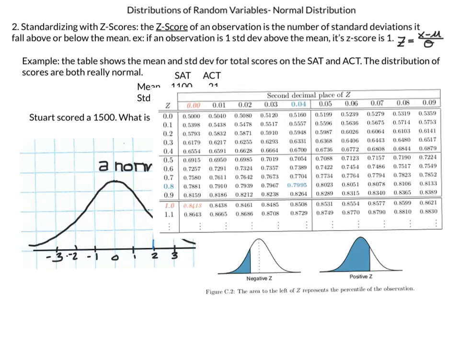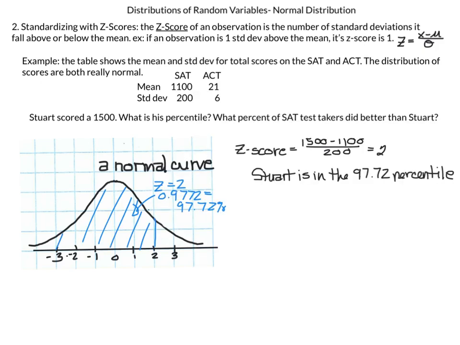Looking up z equals 2, which is not on this chart, which is unfortunate. I guess your book likes to use software to do this, but for a z-score equal to 2, if you looked it up on a table that went all the way to 2, which actually doesn't seem that hard to do, but anyway, you'll see that it's 0.9772.